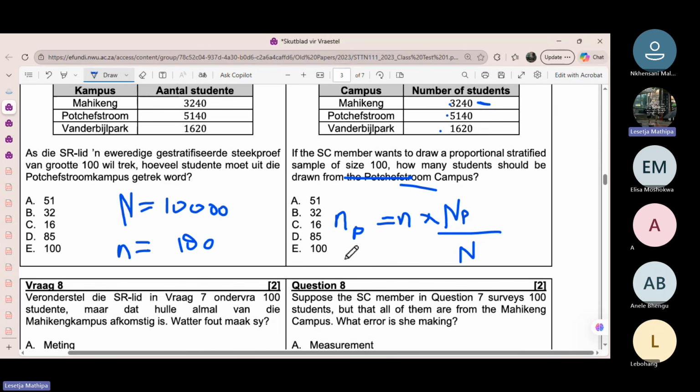So 100 is multiplied by capital letter N for P, which is 5,140. Then we divide everything by what? By 10,000. And what do you get on your calculator? The answer, 51.4.